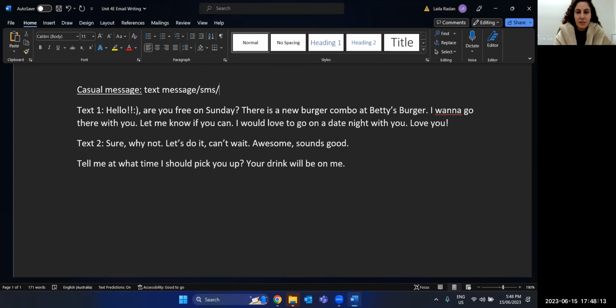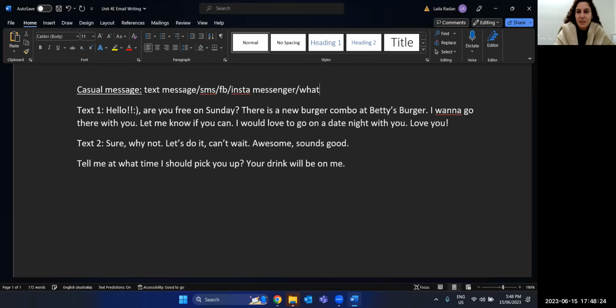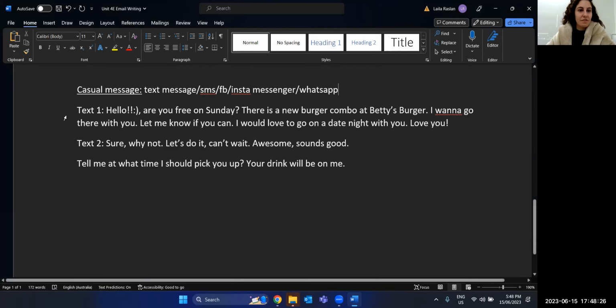They just mean the same thing. Facebook Messenger, Instagram Messenger, whatever, WhatsApp. Maybe I think you use WhatsApp. So yeah, very casual. We don't need to put their name. You can use emojis, casual language, and express your feelings. You know, a thumbs up emoji here maybe.